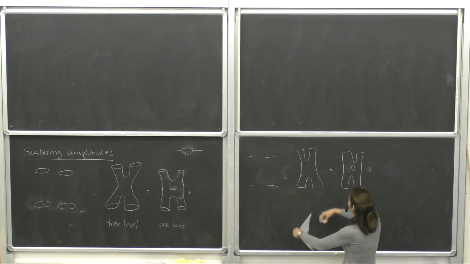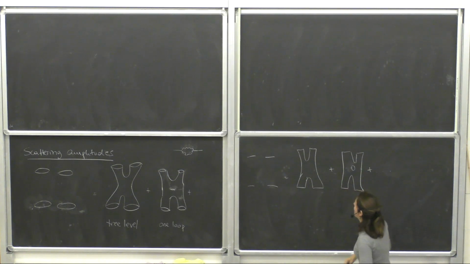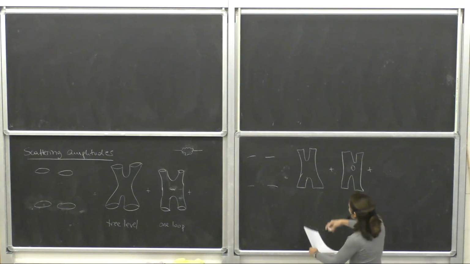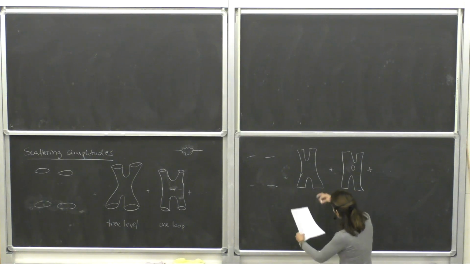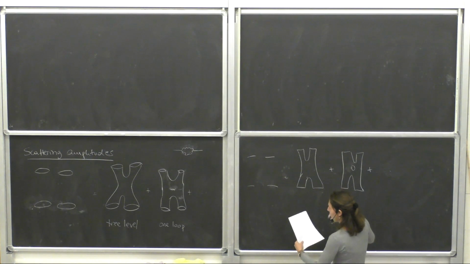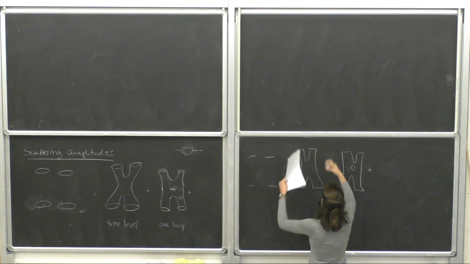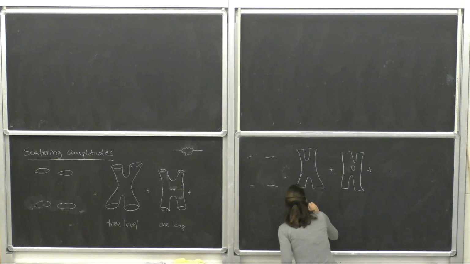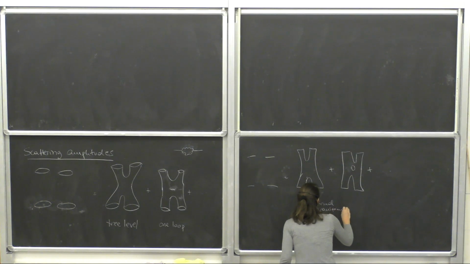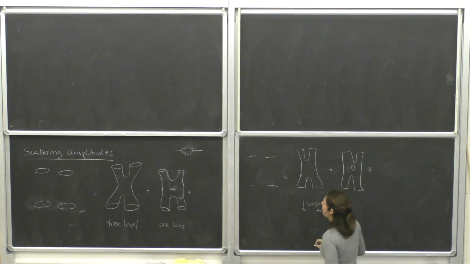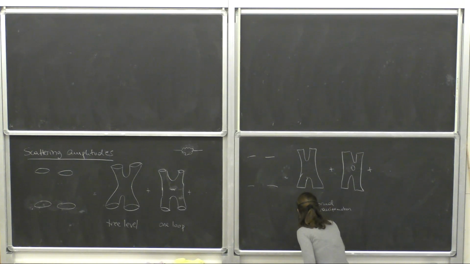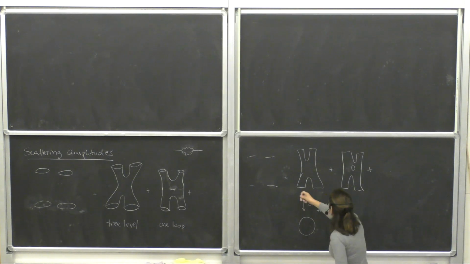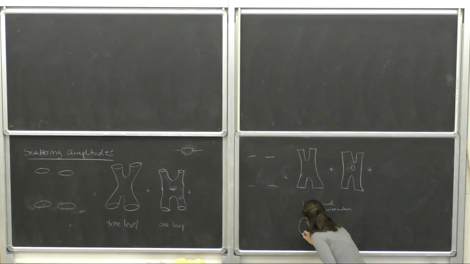If you take these strings, t going to minus infinity, so the process, really the S matrix of 2 at minus infinity becoming 2 at plus infinity, there is a conformal transformation that takes this to a disk, where each one of these is like a point.